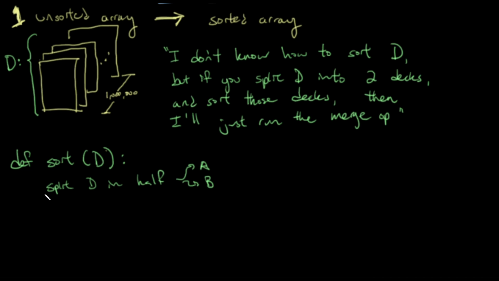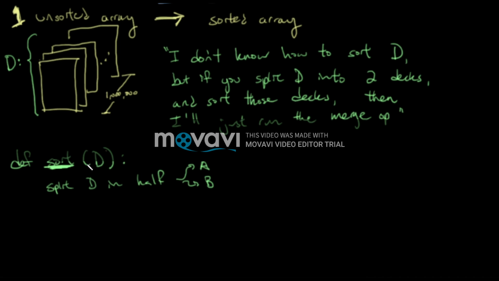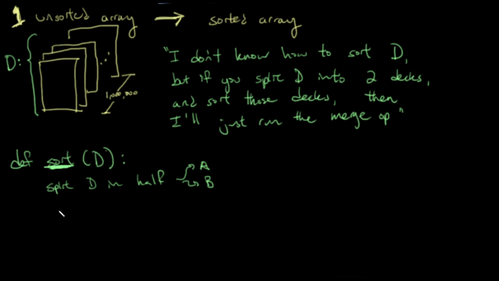We notice that we've already defined a sort method here. This sort method is a general all-purpose method for sorting any sort of array, so we're just going to reuse that here.